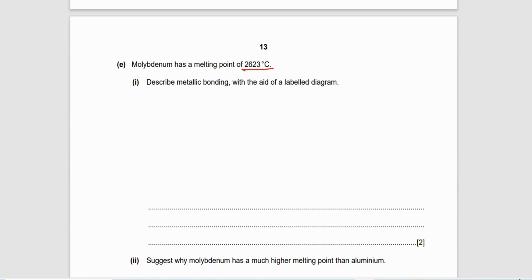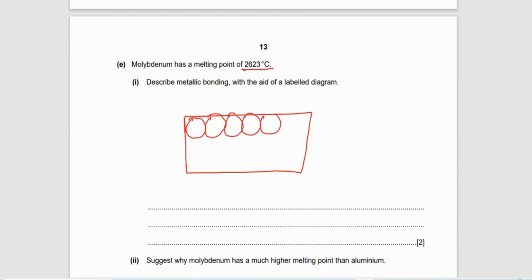Describe metallic bonding with the aid of a labeled diagram. In this way, you will make the diagram. You will show the metallic cations closely packed to each other. I'm not going to draw, my drawing is not too good.